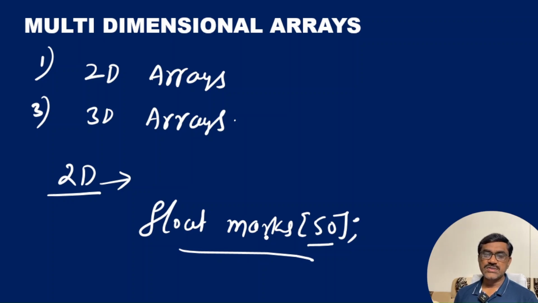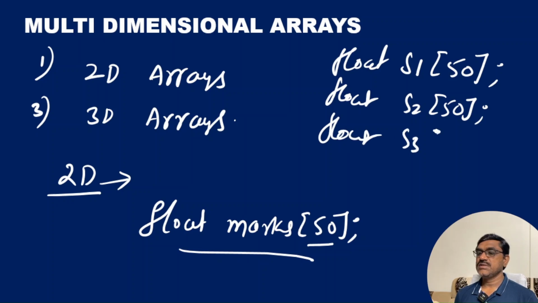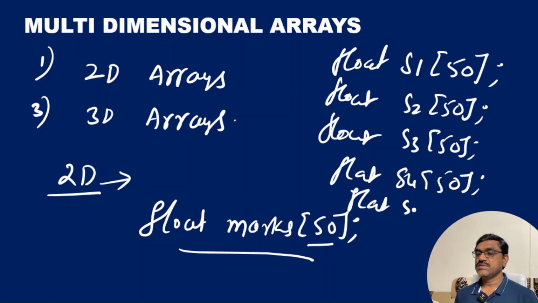In that case, you take float S1 of 50 for one subject, float S2 for the second subject, float S3 for the third subject, float S4 for the fourth subject, and float S5 for the fifth subject. So here we store 5 subjects' marks of 50 students.